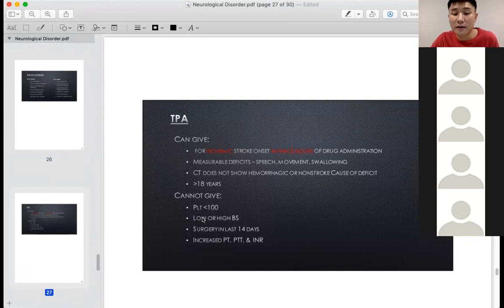This is because patients who have a platelet count less than 100,000 are at risk for bleeding. If we give them tPA, they will not be able to clot, and they will just bleed. And then PT, PTT, and INR are also clotting measures, labs for the patient as well.